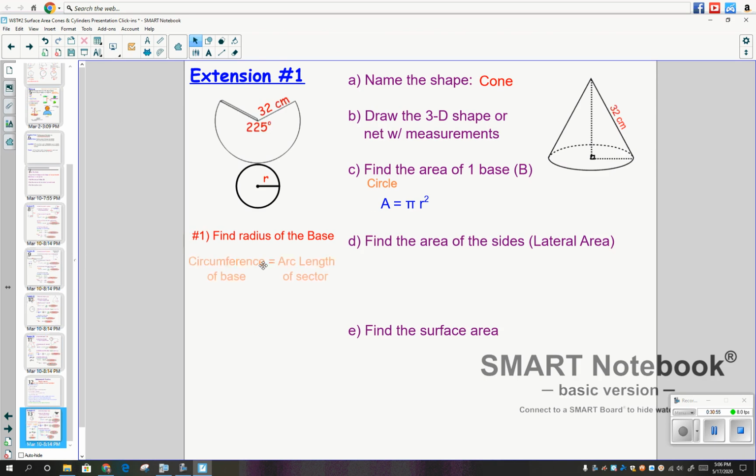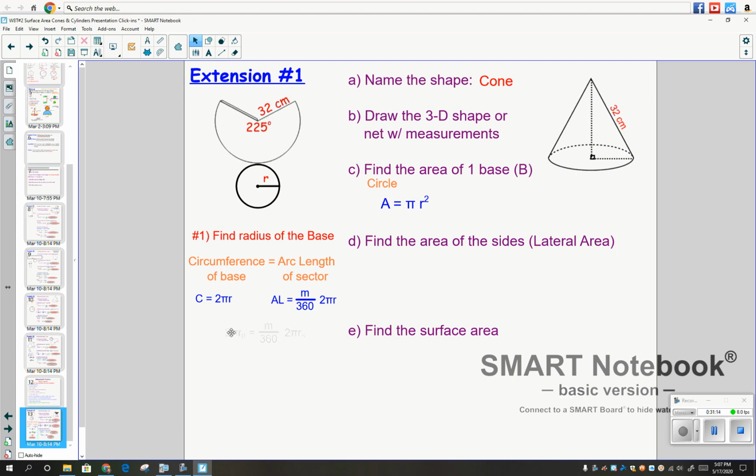So in order to find the radius, the circumference of the base is going to equal the arc length of the sector, where circumference is 2 pi r. The arc length is m over 360 times 2 pi r. I want to set them equal to each other.